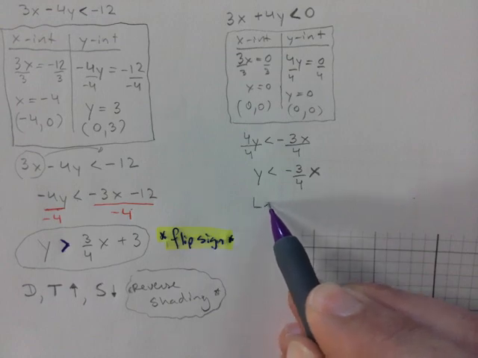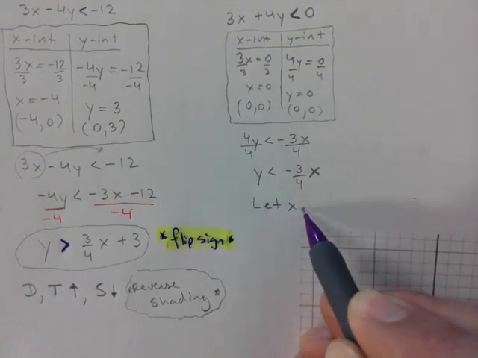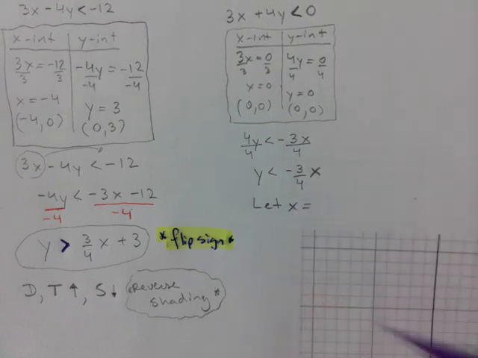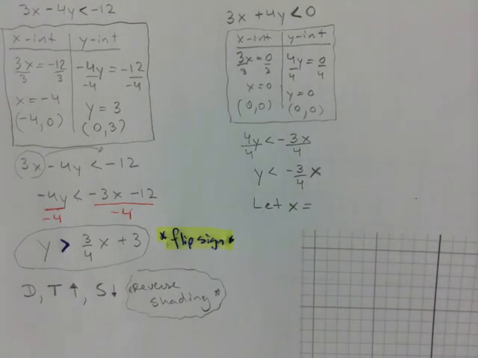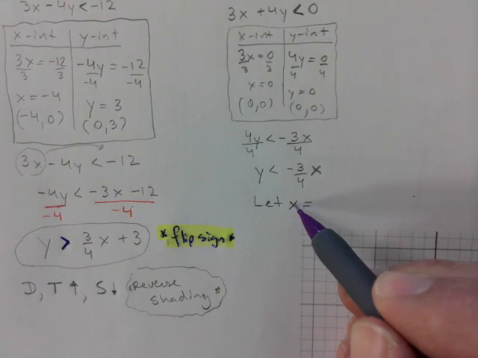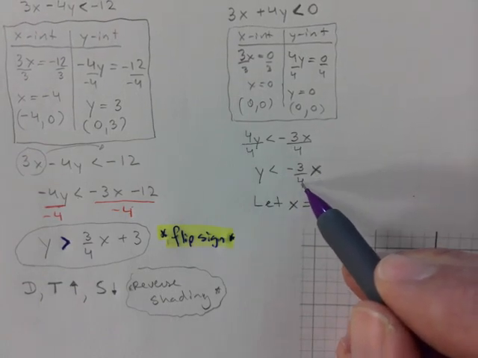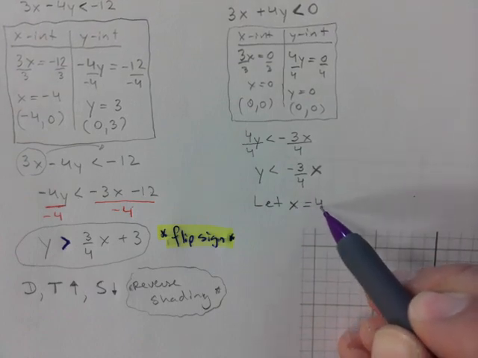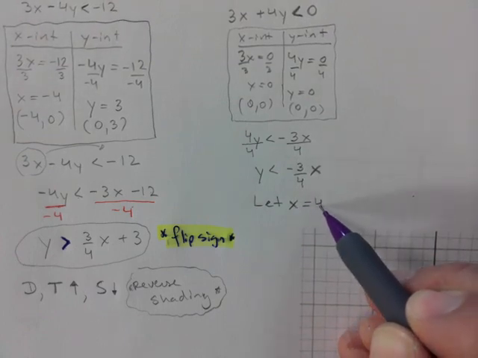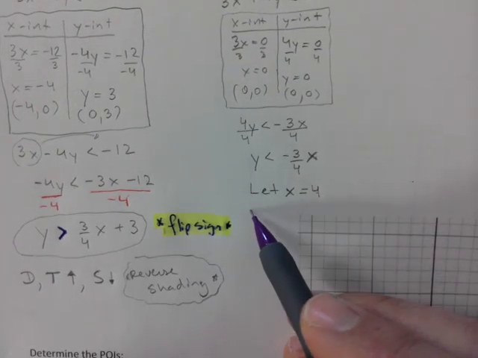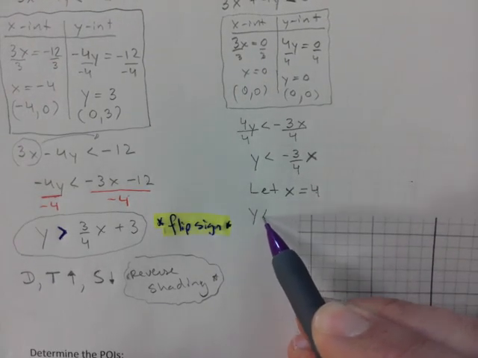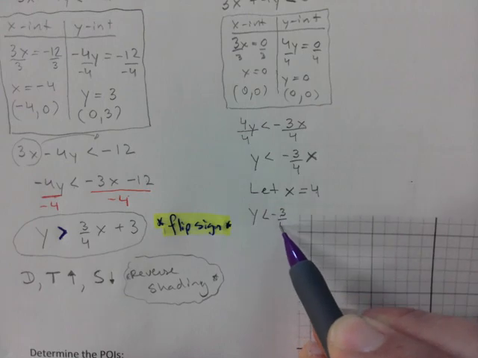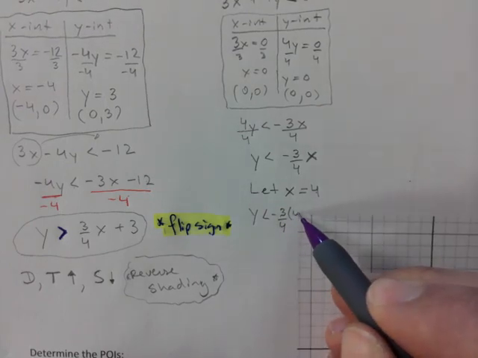So let x be, you can let it be anything you want. But you want to be strategic. I'm going to let x, this number here, be 4 in this case. Let x be 4. Because what happens then? y is negative 3 over 4 times 4.